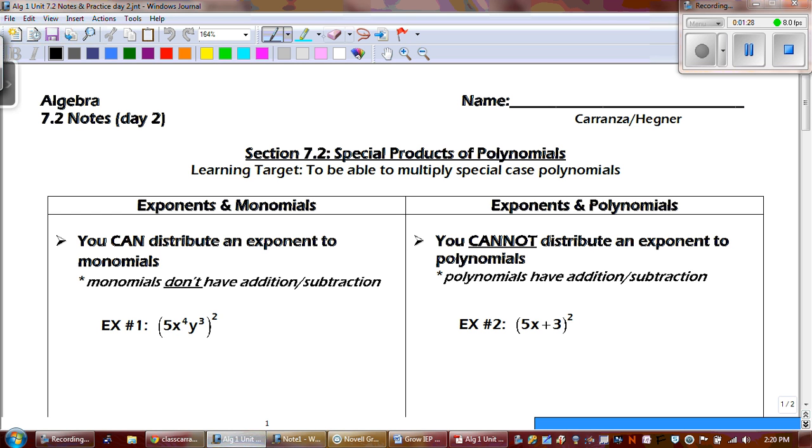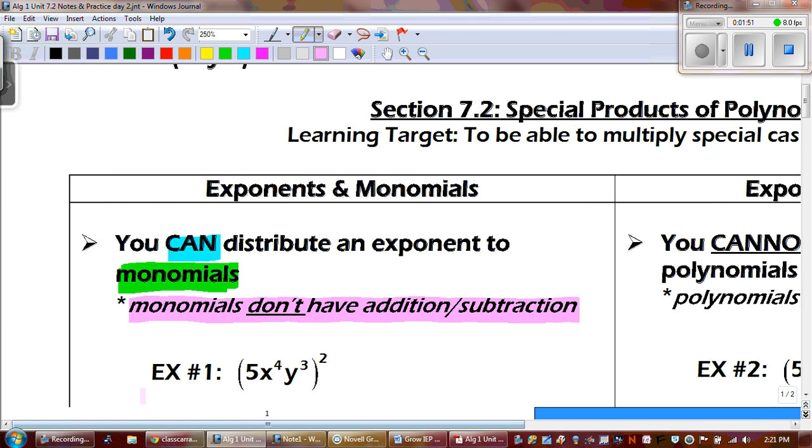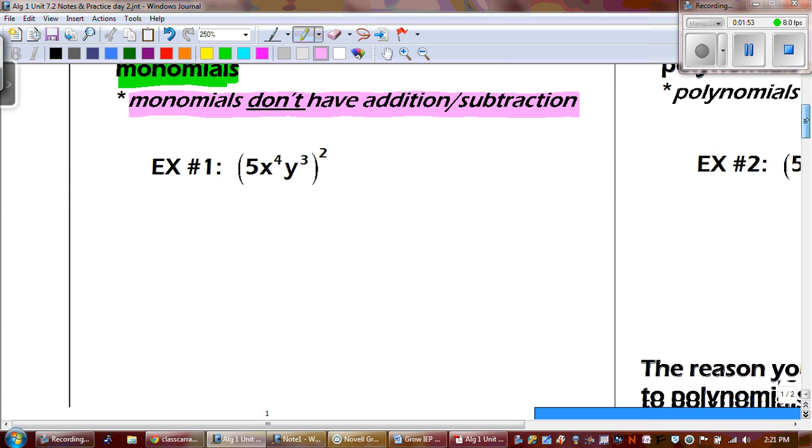So, first thing we're going to talk about is over here, the exponents and the monomials. Remember that you can distribute an exponent to a monomial, okay? And the key thing to remember is that monomials do not have addition or subtraction. Example 1 is what we did last chapter.